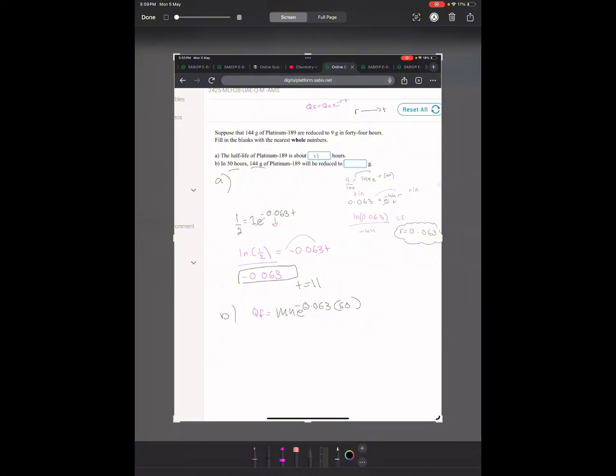Put that in the calculator. See what I get. Minus 0.063 times 50. You get 6.1, which is just 6 grams. So it's 11 and 6.